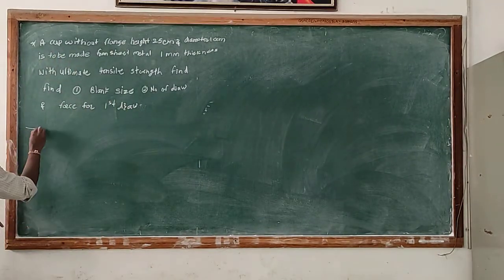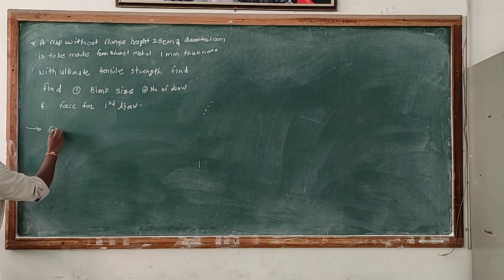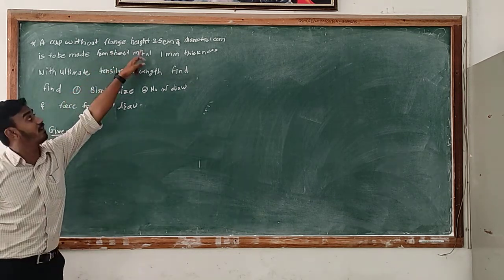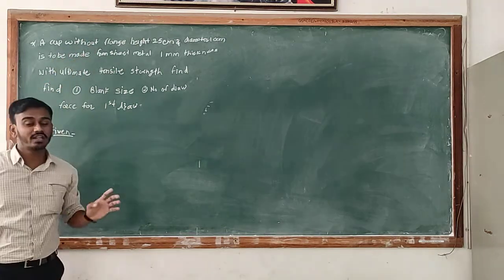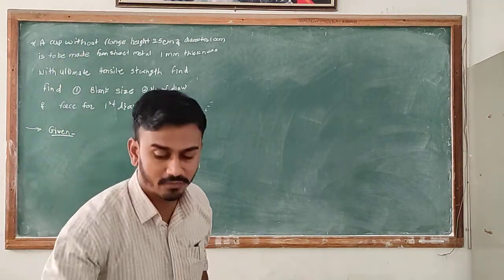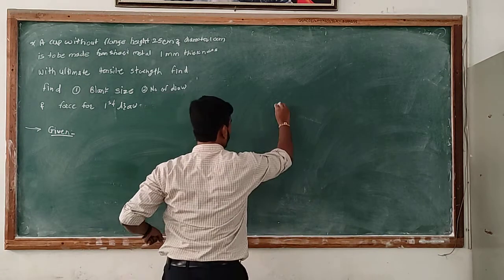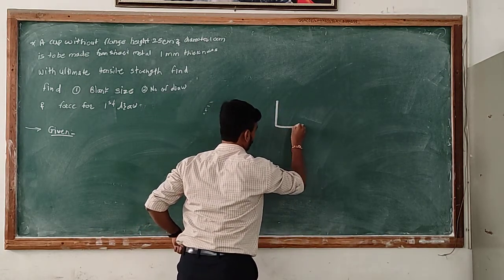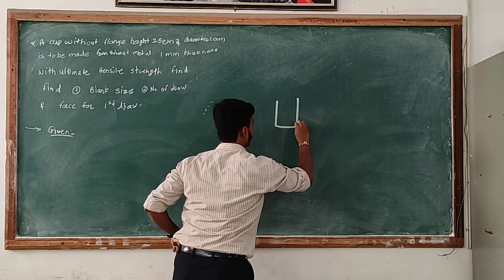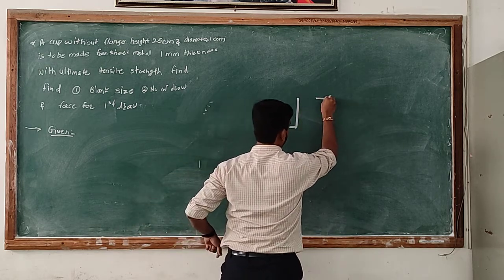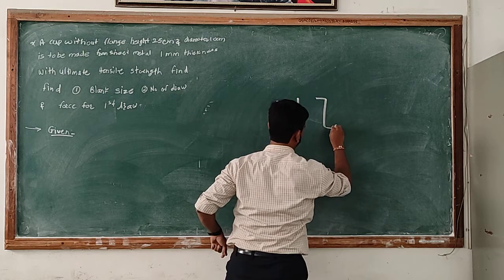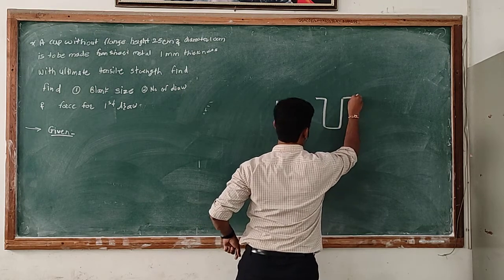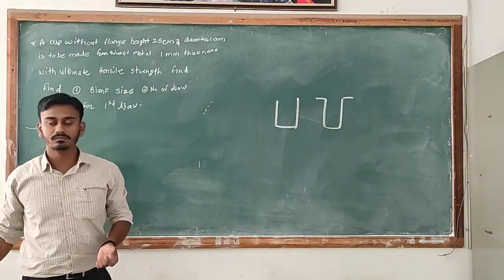We will note down the given things. The first thing given is that it is without flange. What is meant by with flange and without flange? If our output shape is like this, then it is called without flange, and if our output shape is like this, then it is called with flange.